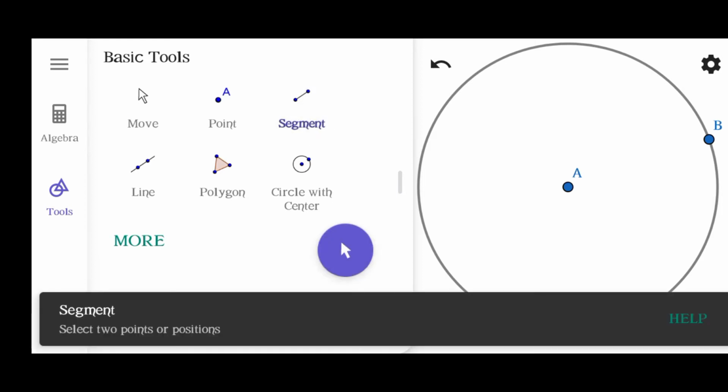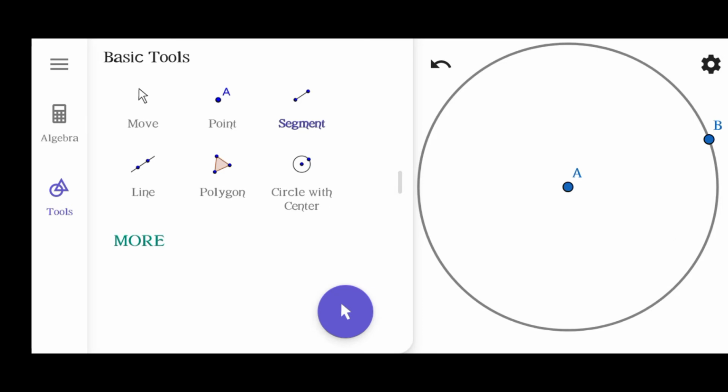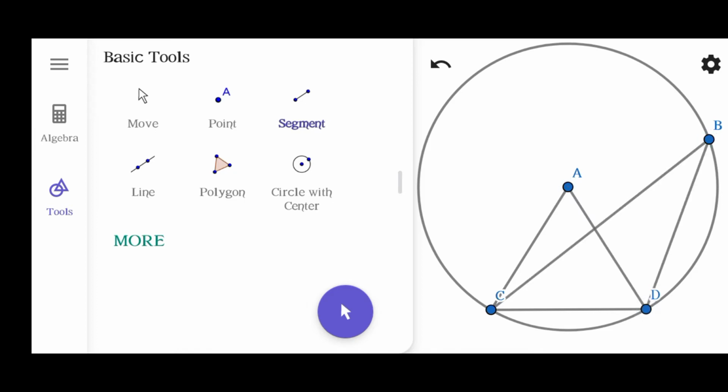Now let's sketch our chord CD. With chord CD, we are going to subtend an angle at the center A and then another angle at the circumference B.